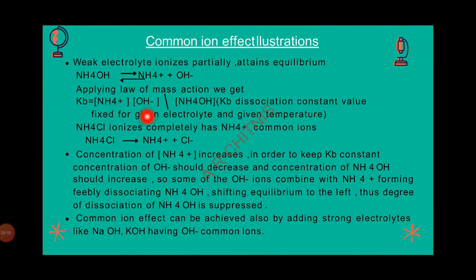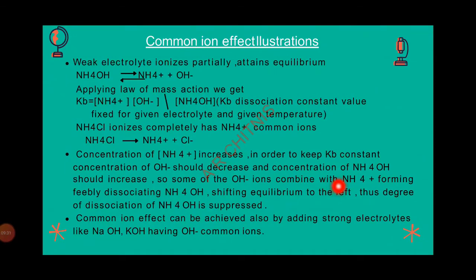If you look at this Kb, since NH4 plus is increasing, the concentration of OH minus ions should decrease, isn't it? It should decrease, and the concentration of NH4OH, which is on the denominator side, should increase.